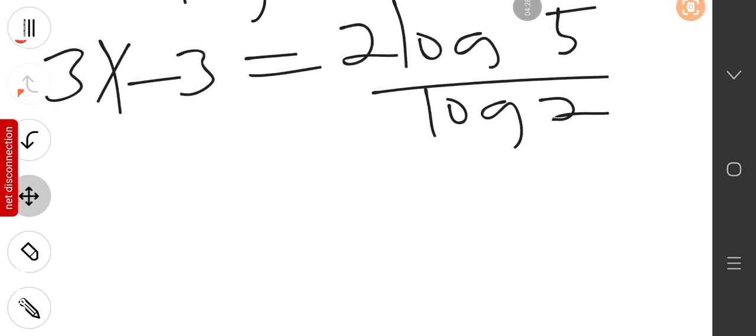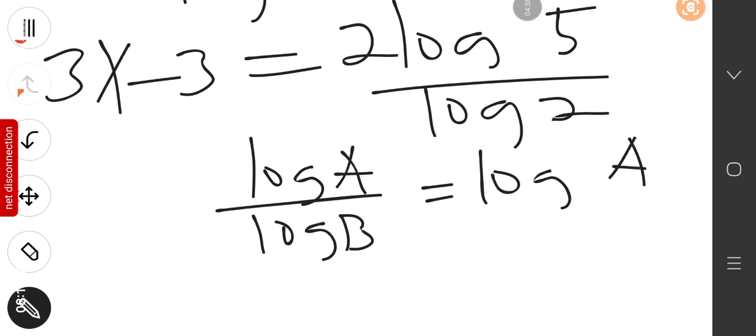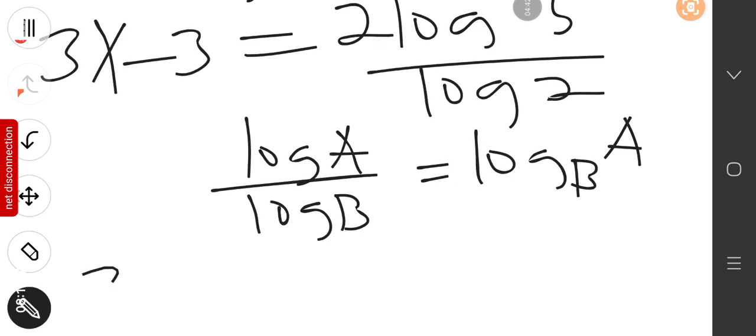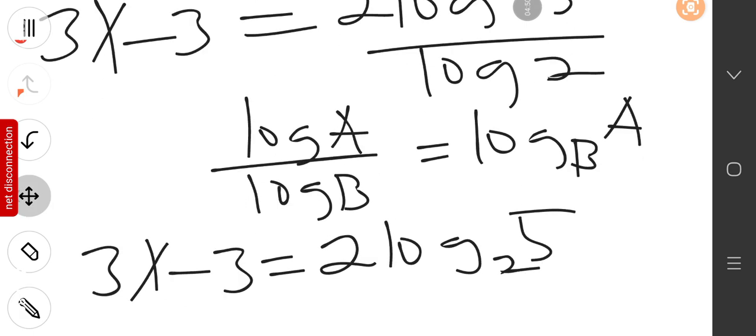Now we are going to introduce the change of base formula. If we have log a over log b, this gives us log a base b. So our equation is going to be 3x minus 3 equals 2 log 5 base 2.